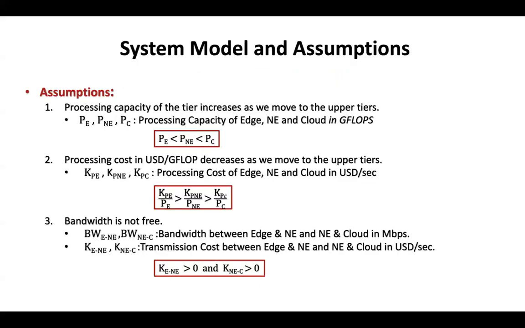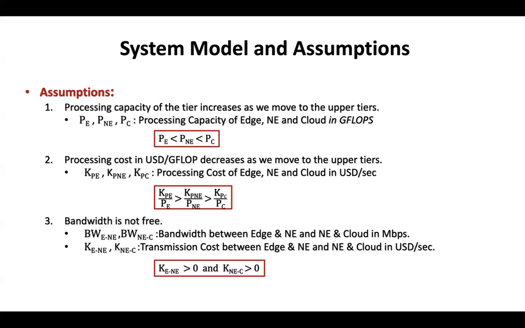First, I will familiarize you with some assumptions of my model. We assume that the processing capacity of the tier increases as we move to the upper tiers, so the edge is considered the least powerful and the cloud the most powerful.